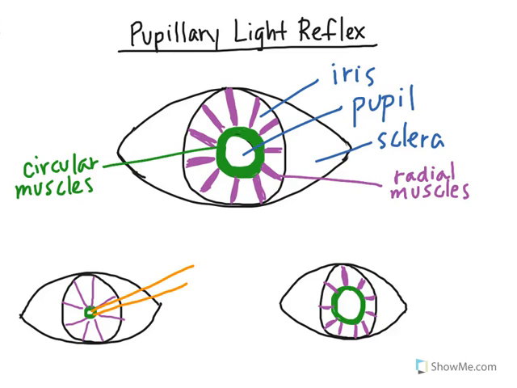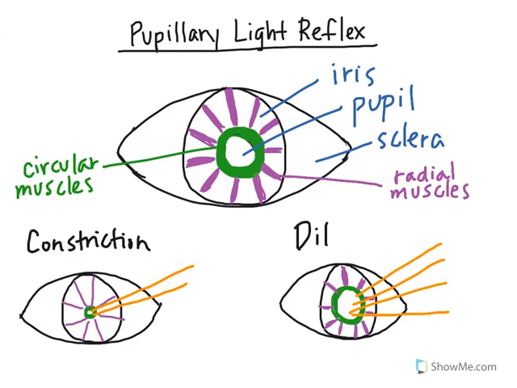And this is called pupil constriction. Now, if the radial muscles contract, the pupil gets bigger and lets a lot of light in. So these are rays of light coming in. And this is called pupil dilation.